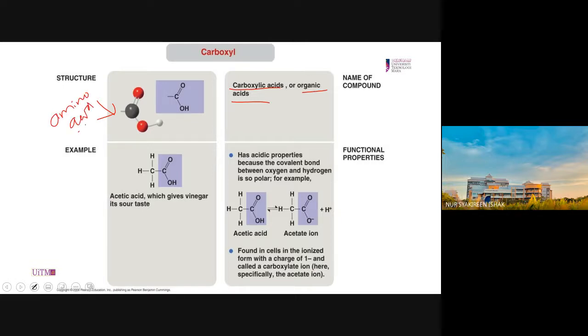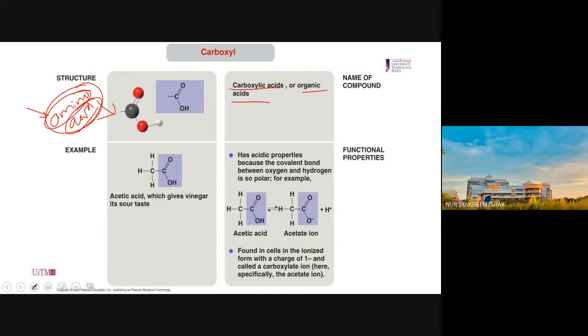As you know, amino acid is the monomer for protein. So why do we call it amino acid? Because within the molecule, it has the carboxyl group, and on the other end of that molecule, it also has another functional group, which is the amino group. So amino acid is a bit special. It has both acid and basic functional groups.